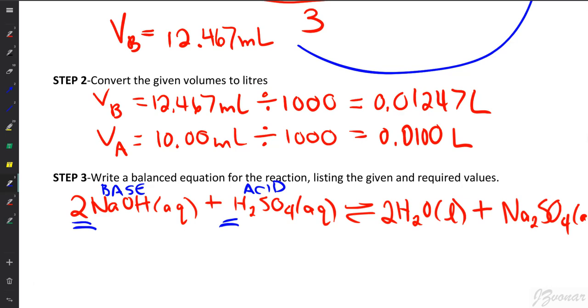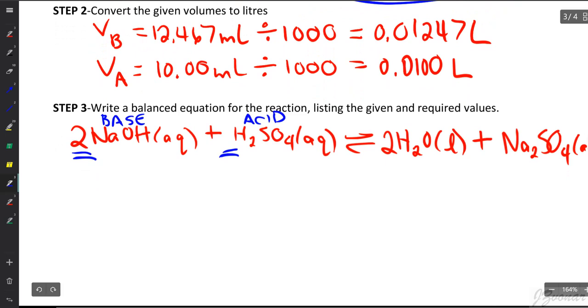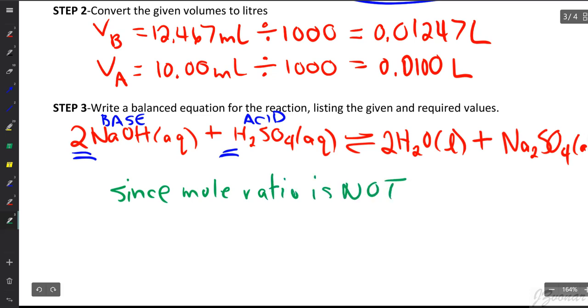Since this ratio here is not 1 to 1, you cannot use the formula CAVA equals CBVB. All right, we cannot use that formula, so I'll write that down so that you remember that. Since the mole ratio is not 1 to 1 here, this is what you have to determine.